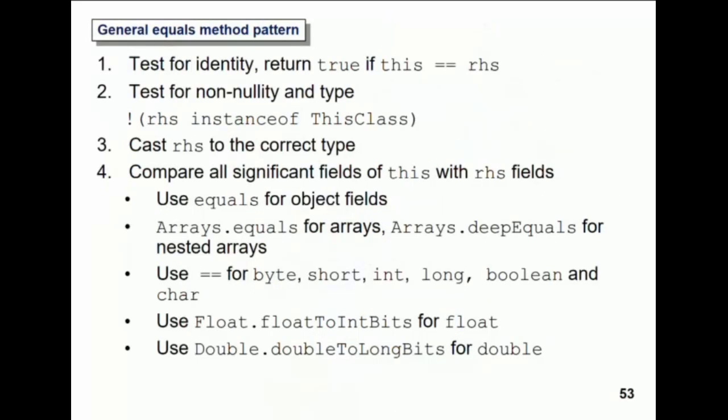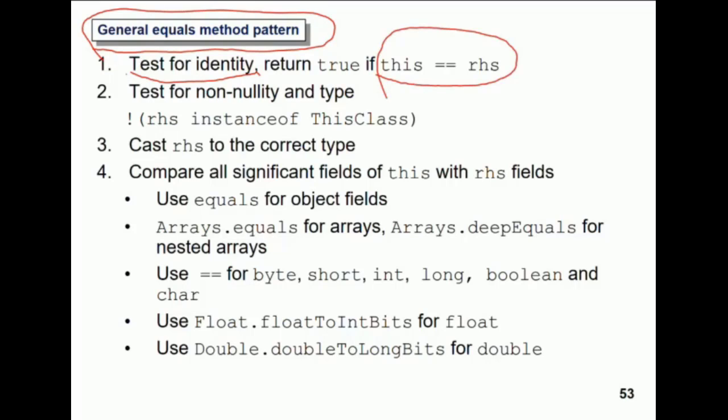Okay, so our example followed what we call the general equality method pattern. So within the pattern, the things that we did: we tested for identity, and returned true if this is equal to right-hand side. It tests for non-nullity and for type. So the way we did that, we checked if right-hand side is not an instance of this class.